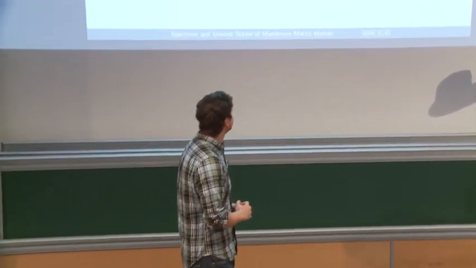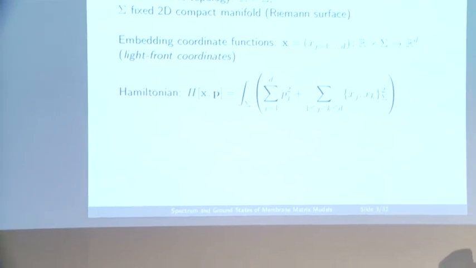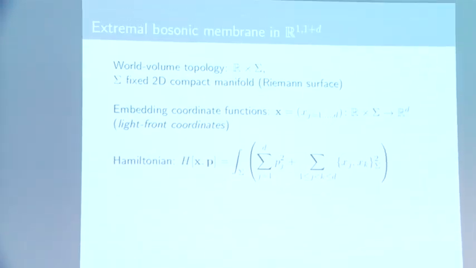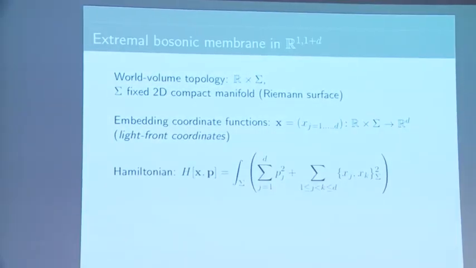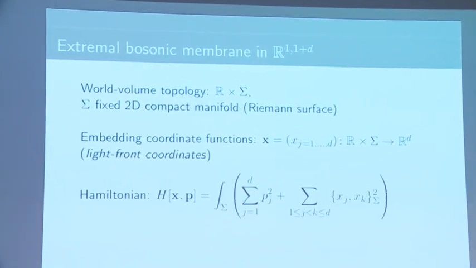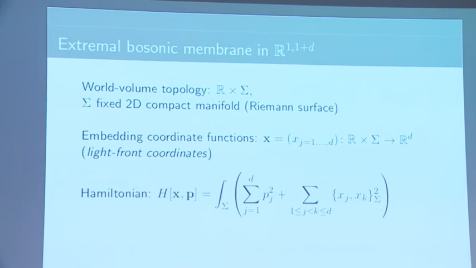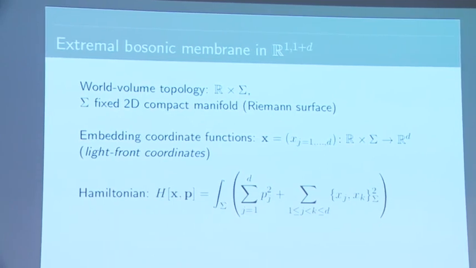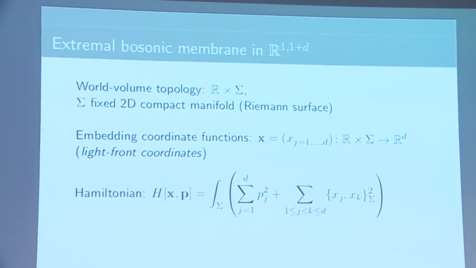And then there is this issue of writing down the Hamiltonian. This is after having done this reduction into the light front coordinates and looking at the internal energy of the membrane. So this energy is given by this Hamiltonian function on the phase space.